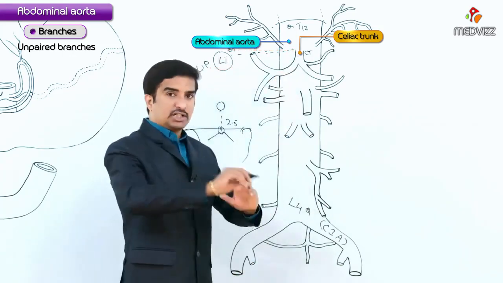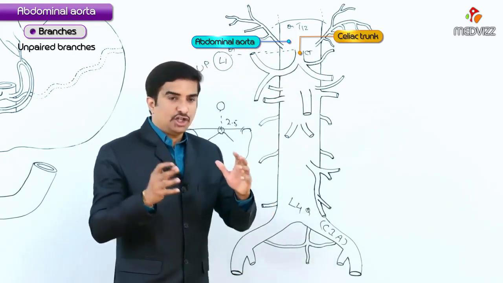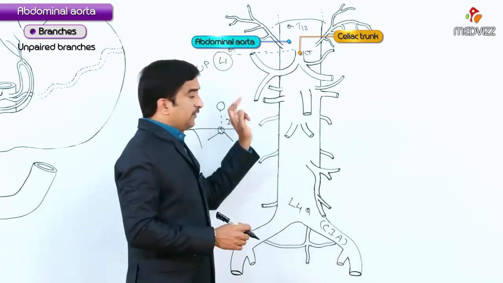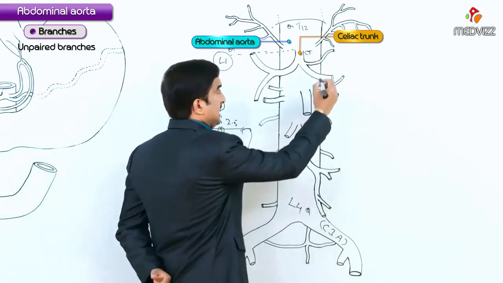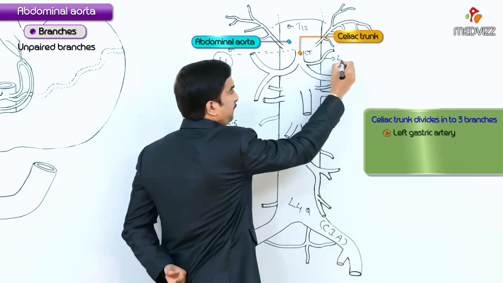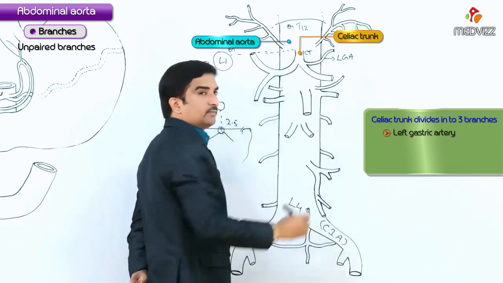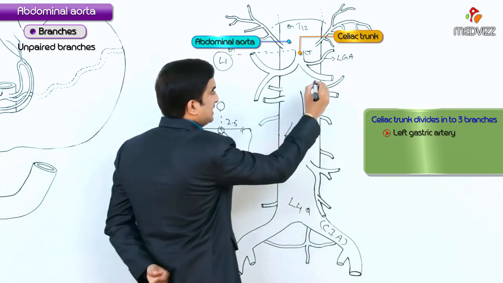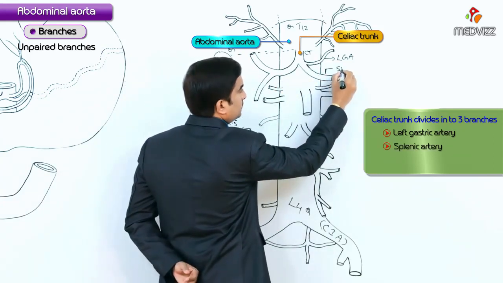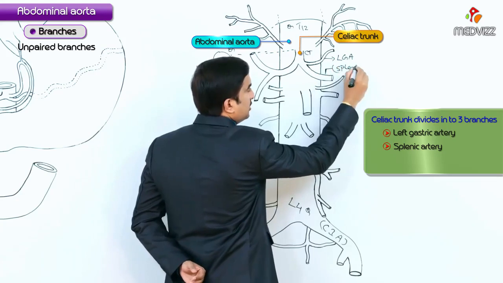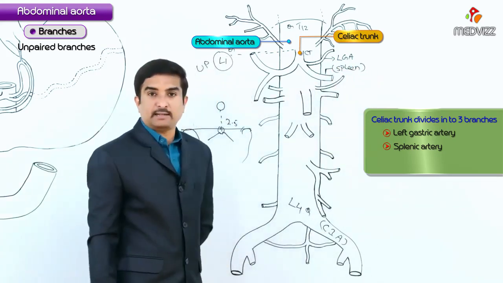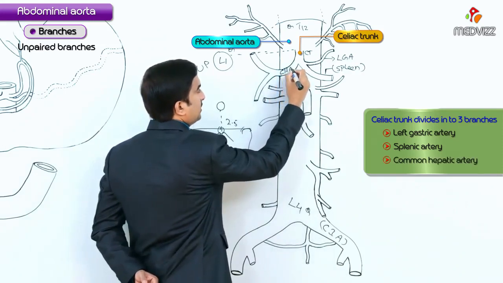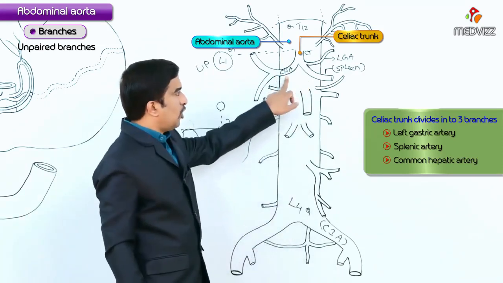Immediately once the celiac trunk arises from the anterior aspect of the abdominal aorta, it divides into branches called the left gastric artery, and one of the largest branches of the celiac trunk, the splenic artery, which supplies important blood supply to the spleen, and this is the common hepatic artery.